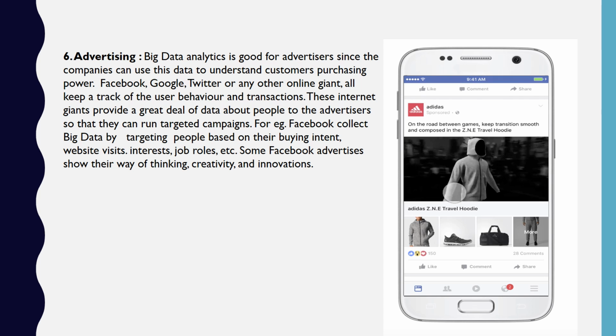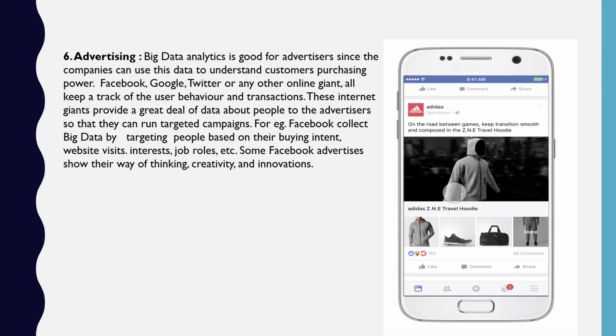Big data analytics is good for advertisers since the company can use this data to understand customers' purchasing power. Facebook, Google, Twitter, or any other online giant all keep track of user behavior and transactions. These internet giants provide a great deal of data about people to the advertisers so that they can run targeted campaigns.